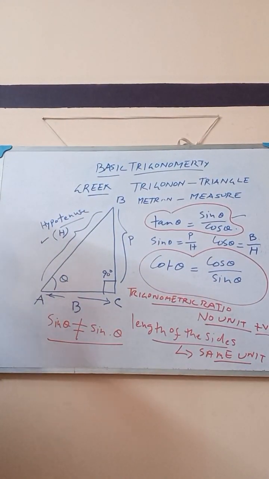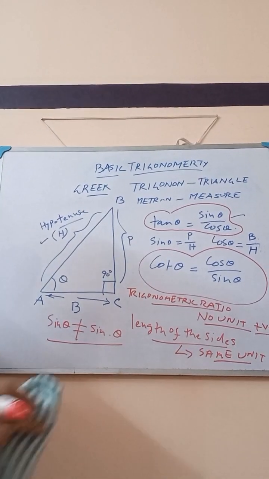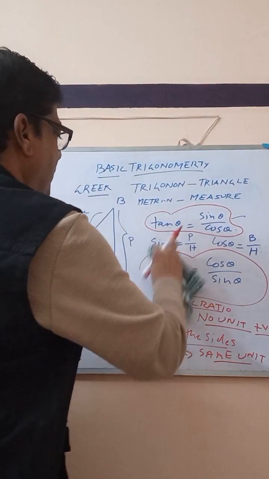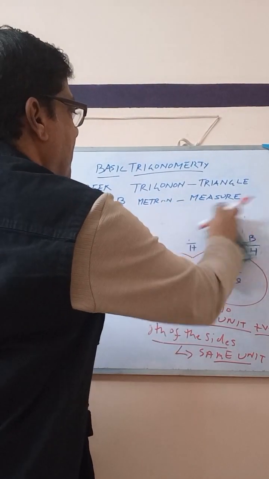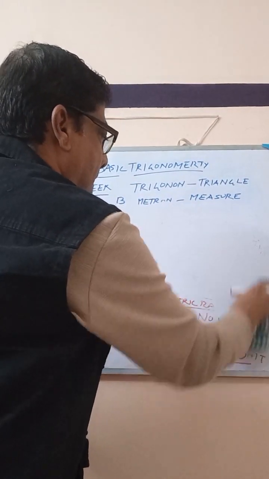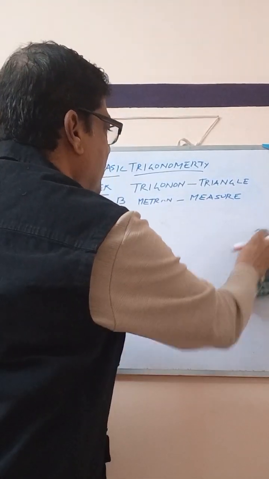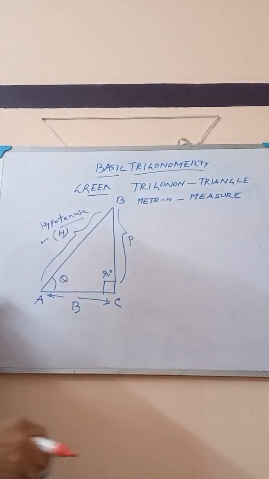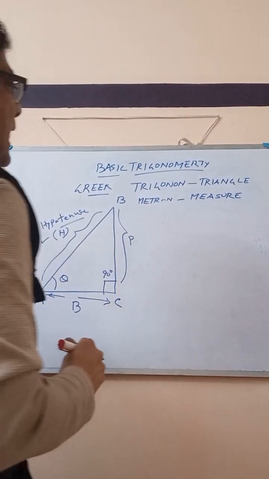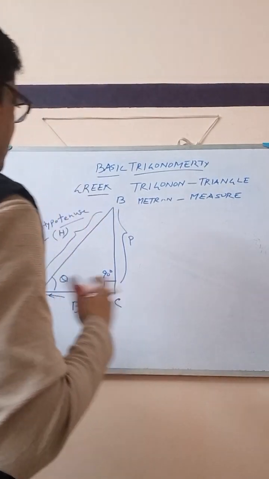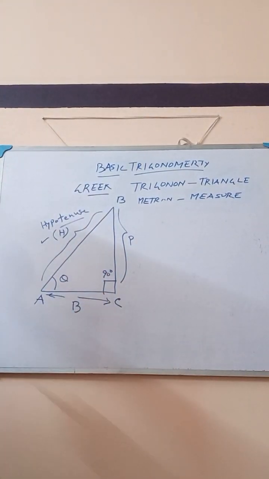Now let us do a sum. We will do one sum and I will give you another sum that you can try, and if you have any problem then you can contact me.